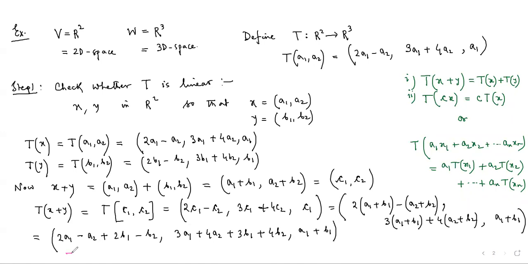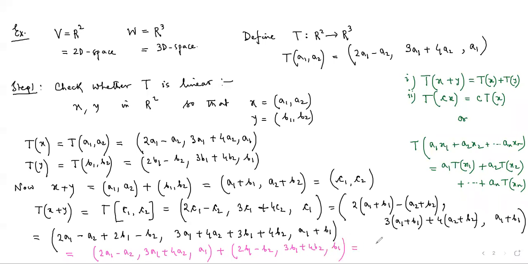And we can always separate it in the following manner: (2a1 minus a2, 3a1 plus 4a2, a1) plus (2b1 minus b2, 3b1 plus 4b2, b1).